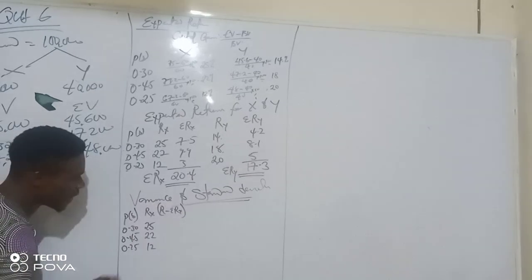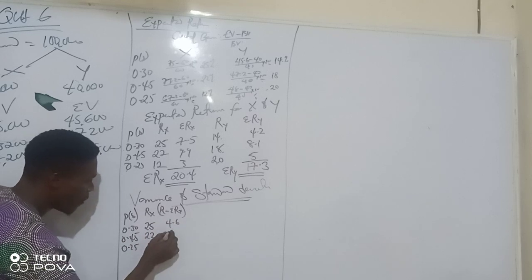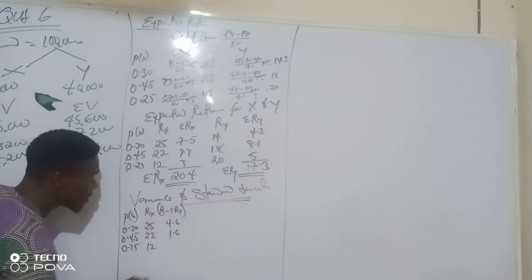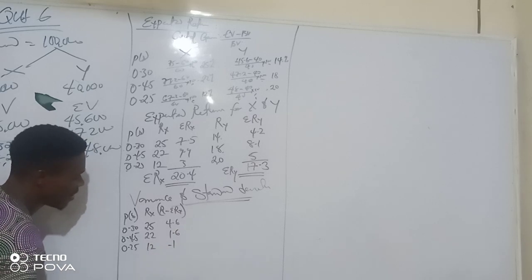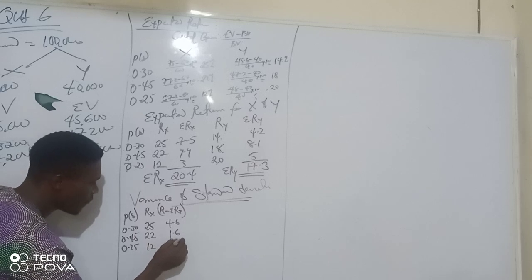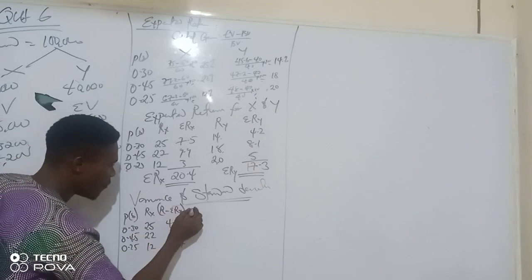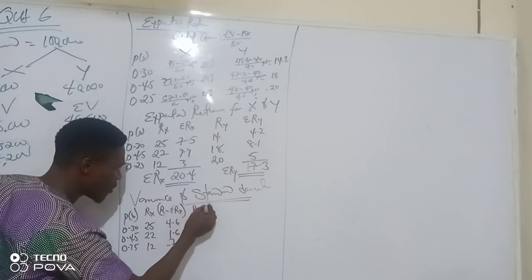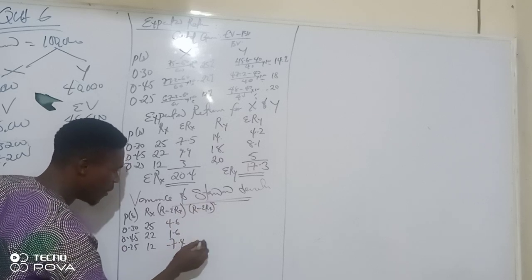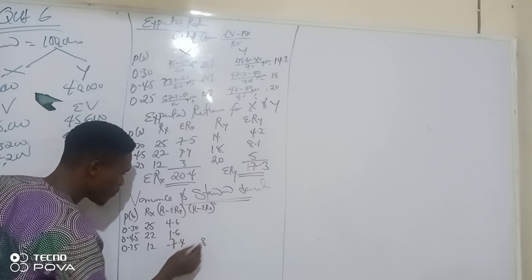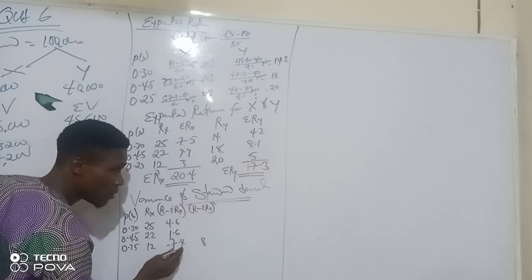So that gives 4.6, 1.6, minus 7.4, and the last one is minus 8.4.